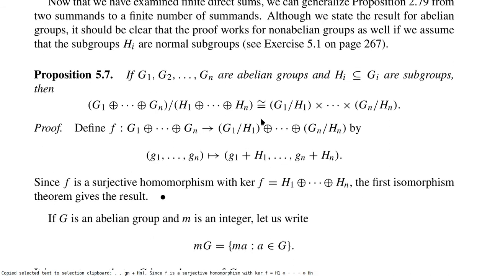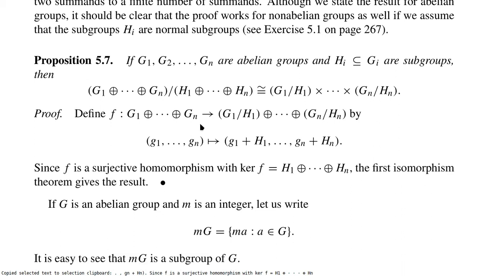So at the end of the day, the first isomorphism theorem just lets you have a unique isomorphism between this mod the kernel and this, and that is basically what we need. I can write that down and draw, but there's nothing much to it.